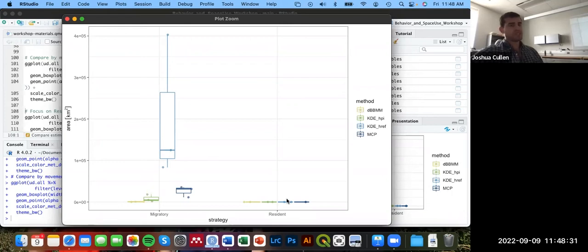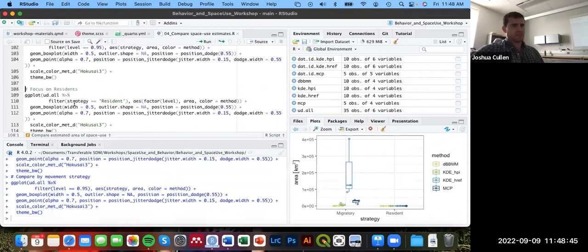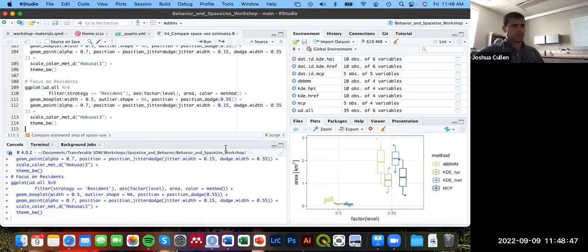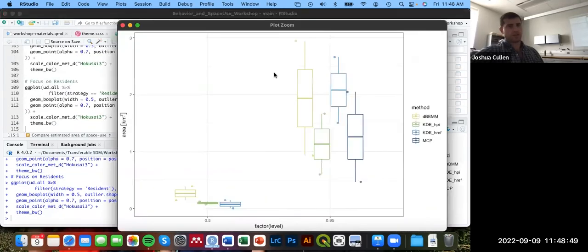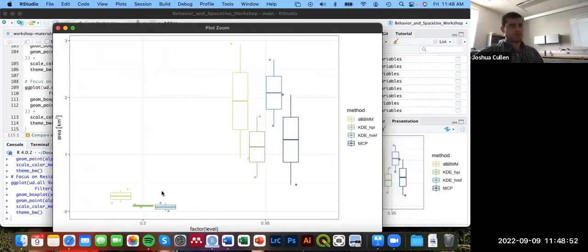So this may be a particular instance where it may not be as important which of these methods is ultimately used, if this is the sample size and the movement pattern that's being exhibited. And particularly for resident individuals, comparing the methods for each contour level, we actually see that the dynamic Brownian bridge movement models produce a larger estimate of space use compared to kernel density estimation at the 50% isopleth.